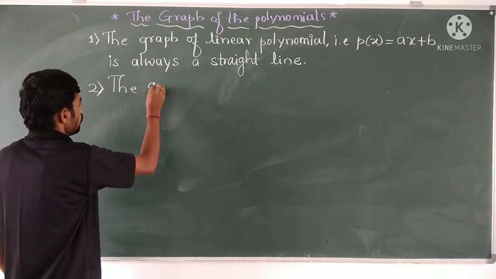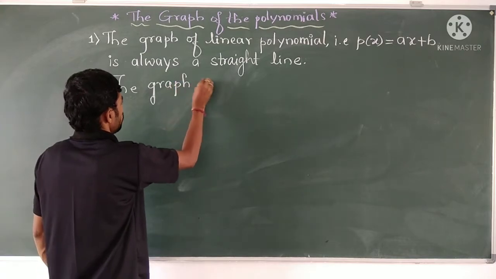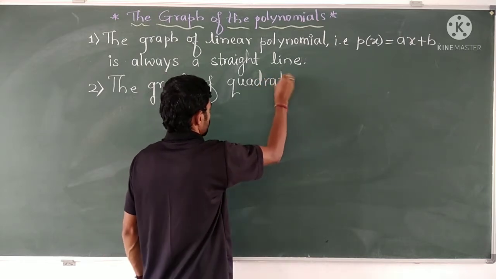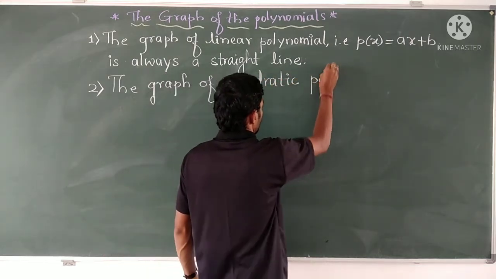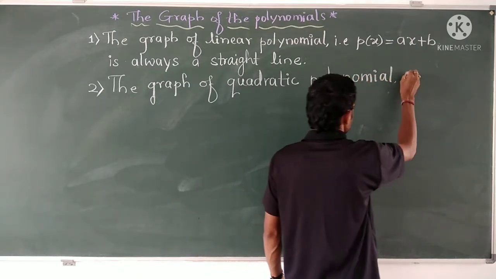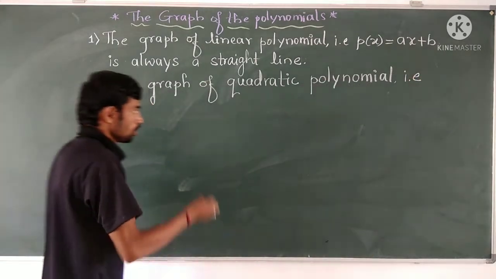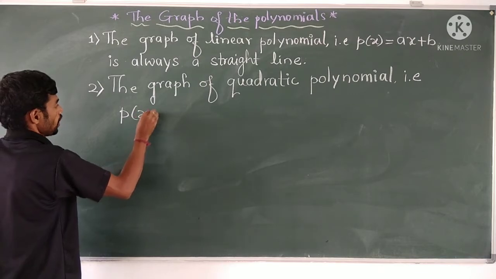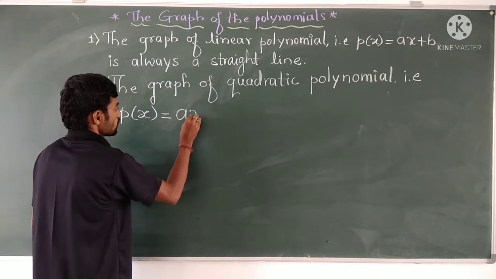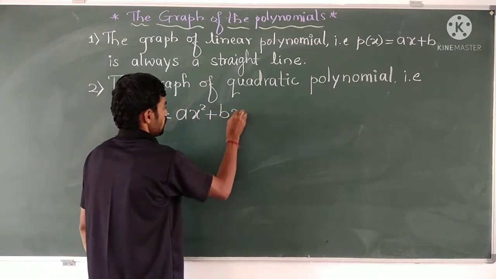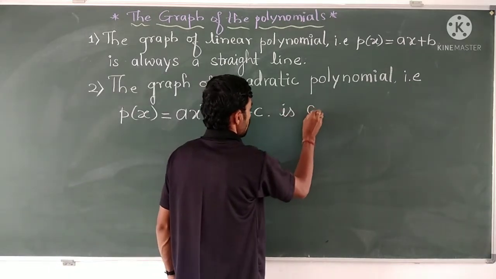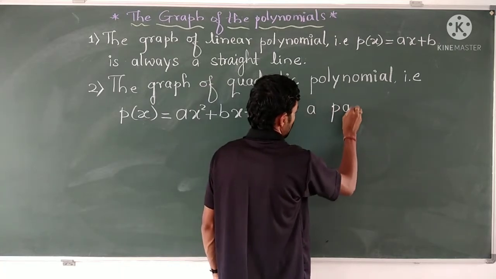Now the graph of a quadratic polynomial, p of x, a polynomial in variable x, equals ax square plus bx plus c, is a parabola.